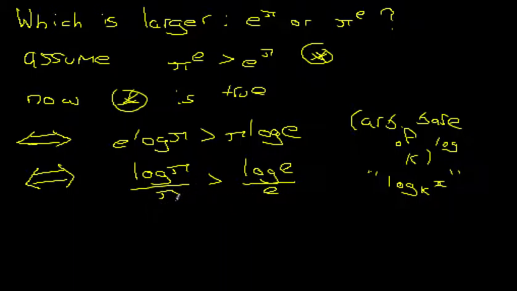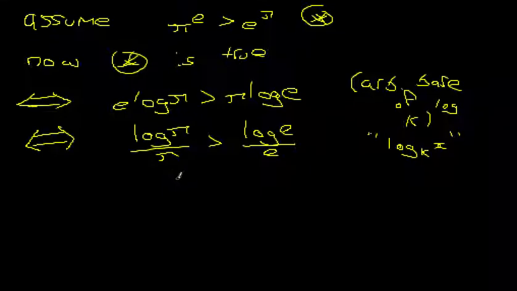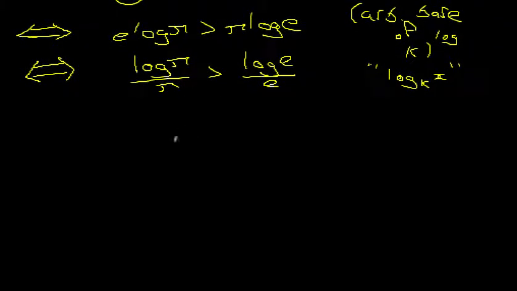Now the key thing to notice is the symmetry in this inequality. These are both evaluations of the same function at different points. Specifically, the function f of x is log x over x.